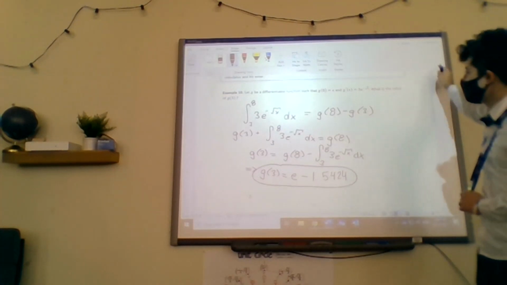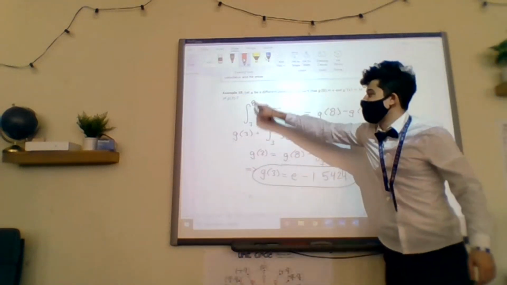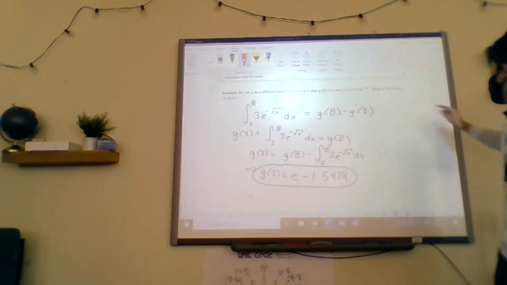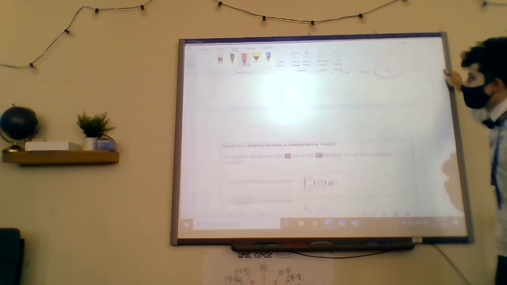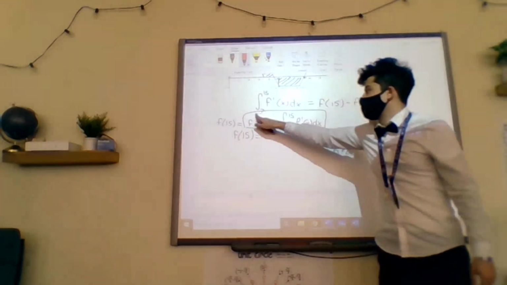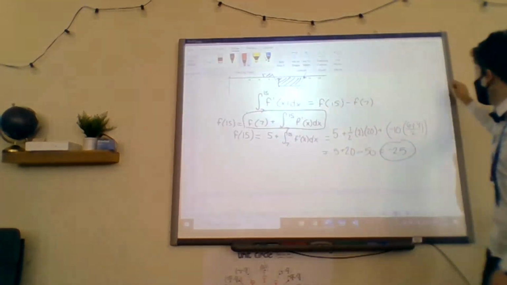If you care, let me show you this other thing. Had you set this up from 8 to 3, that would have been nice because then you can use the same exact formula from the last one. Like you could do starting point plus the total change will give you the place where you end.